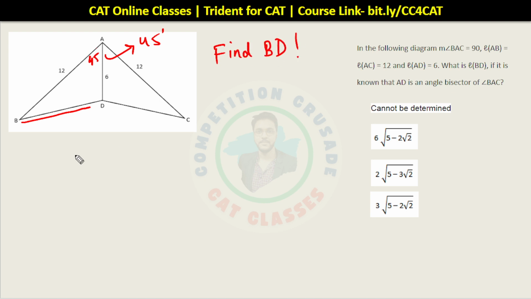Okay, I will give you two methods to solve this one. The first one, for which this question is designed, is the cosine rule. Please get accustomed to the cosine rule; you can get it on Google as well.